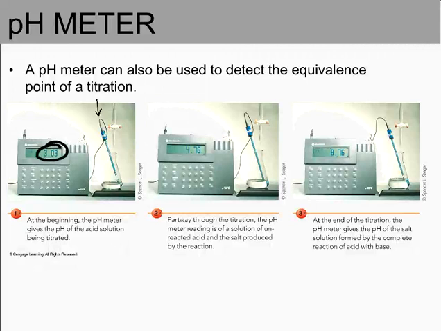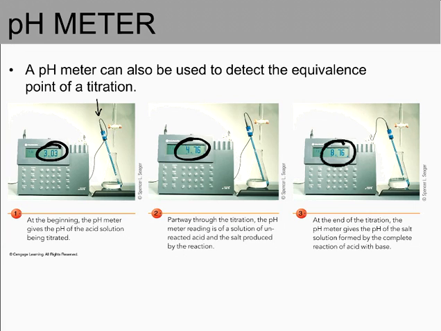So partway through the titration, after we've added a little bit of base, we notice that the pH of the solution has increased to 4.76. So it's becoming less acidic, becoming more basic. And then at the end of the titration, we have a pH of 8.76. So that's sort of neutral, maybe a little bit basic.